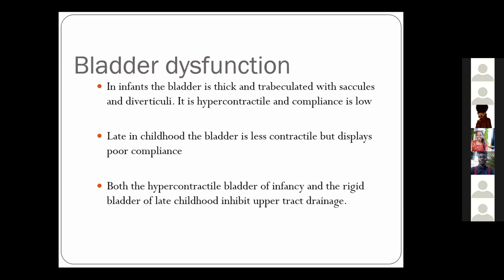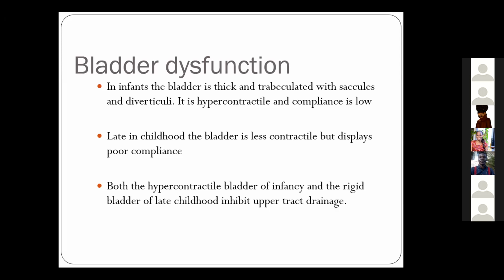And late in childhood, the bladder is less contractile, but displays poor compliance. So initially it is hypercontractile and the compliance is low. Later in childhood, the bladder is less contractile, and you know that you need the bladder to contract normally for you to void. So these patients will fail to void, and some of them will even require intermittent self-catheterization.